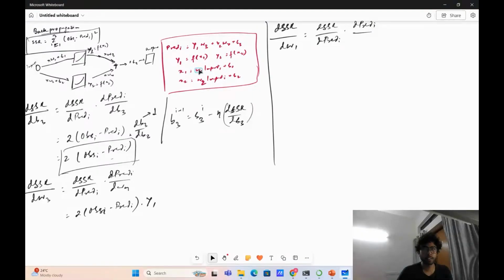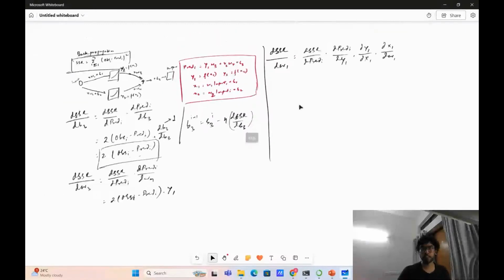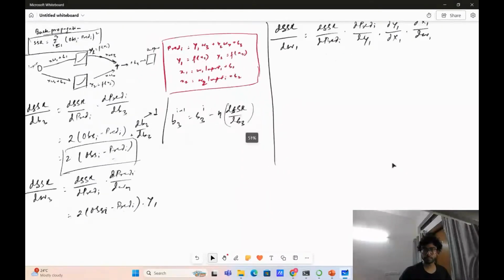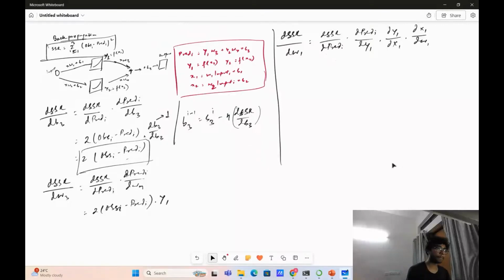So what we do is we take derivative of predicted with respect to Y1, and you see this y1 is a function of x1. So derivative of y1 with respect to x1 times derivative of x1 with respect to w1. This is where the chain rule comes in, right? Can you guys see this? Okay. Can you guys understand this, right?